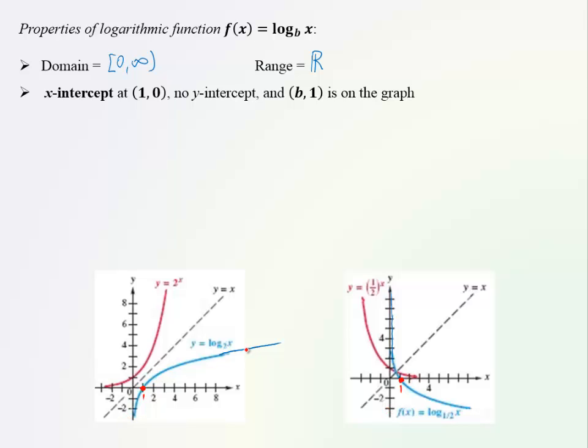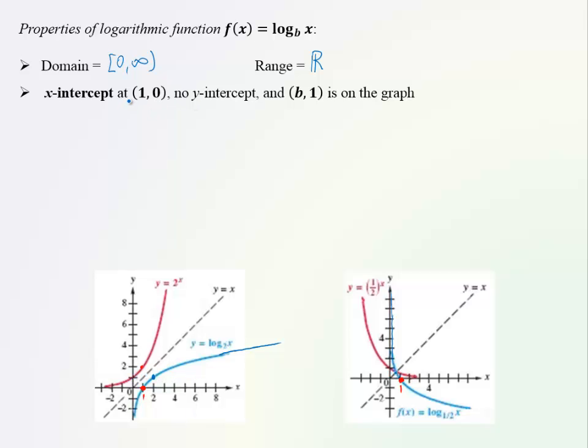Since the logarithmic function is the mirror image, in symmetry about the diagonal, of the exponential function, if an exponential function always had a point, for example here (1, 2), generally (1, b), then the logarithmic function will include the point (b, 1), in this case (2, 1), in that case (1/2, 1), and generally any (b, 1).